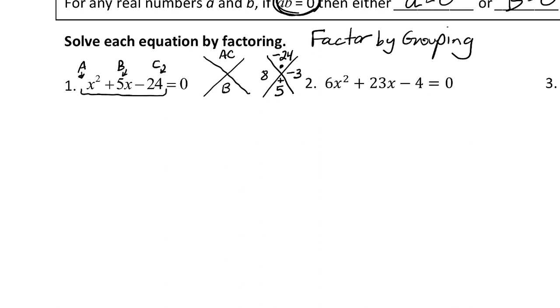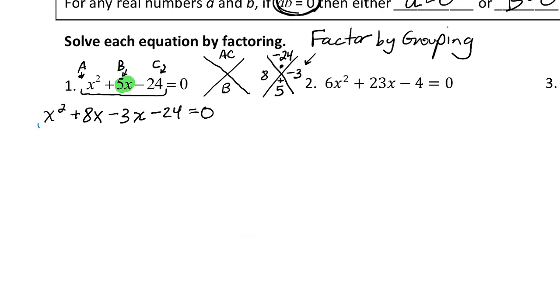Basically the idea is we're taking this middle term, 5x, and we're splitting it. So we have x squared, and we're splitting that 5x to be that 8x and that -3x that we had over here, and then bring down the -24 equals 0.